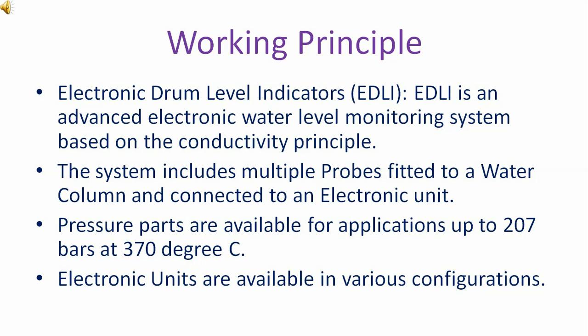The system includes multiple probes fitted to a water column and connected to an electronic unit. Pressure parts are available for applications up to 207 bars at 370 degree centigrade. Electronic units are available in various configurations.